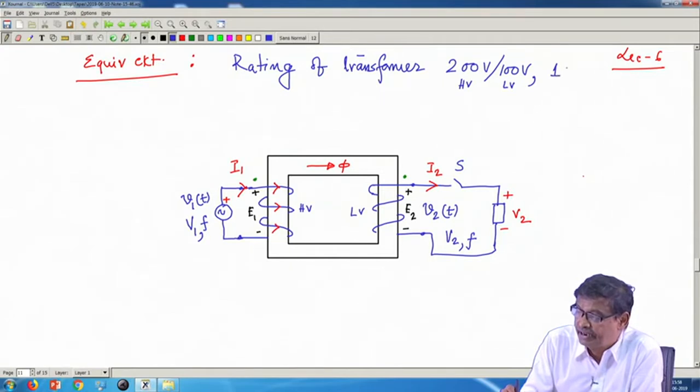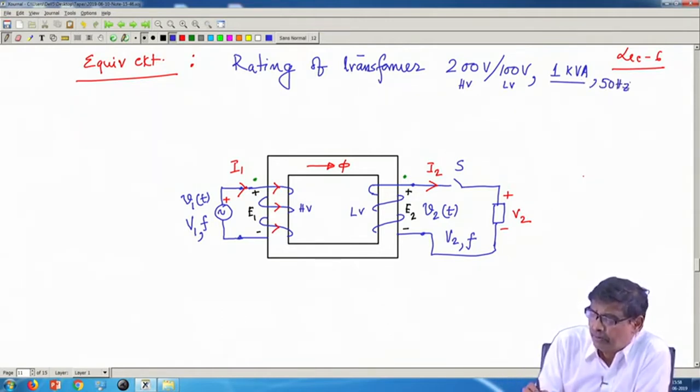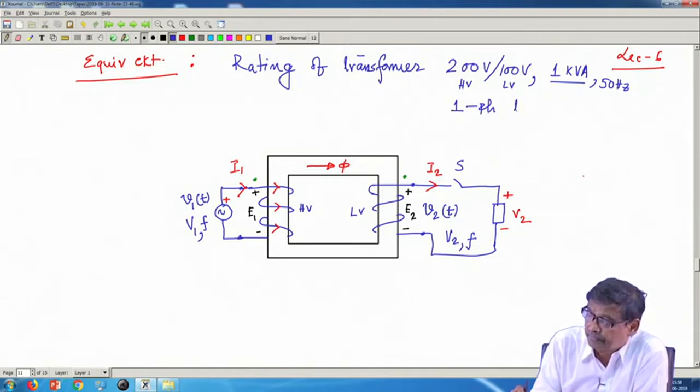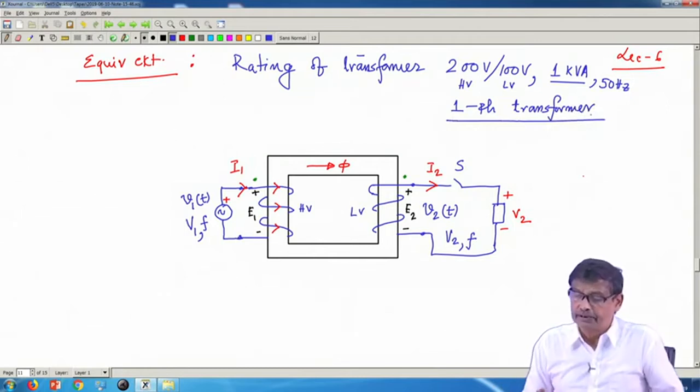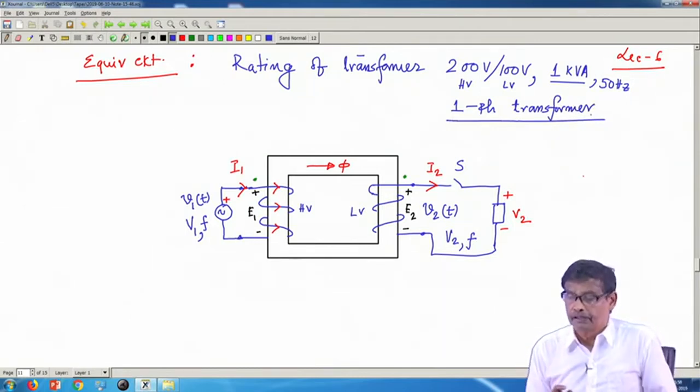Suppose the kVA rating is 1 kVA, and the frequency will also be specified, 50 hertz, and also what kind of transformer it is, a single phase transformer. Got the point. So a transformer is specified in this way.